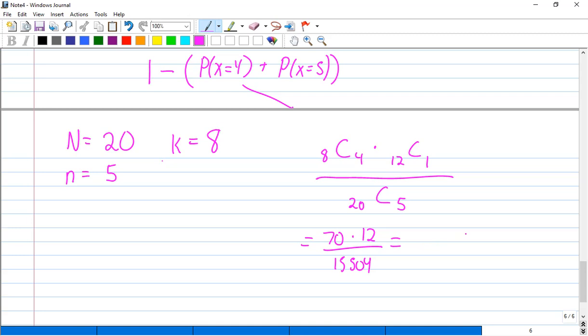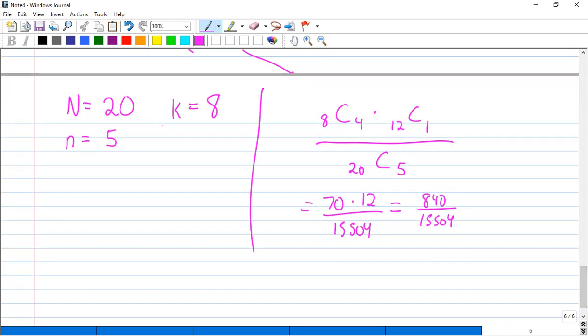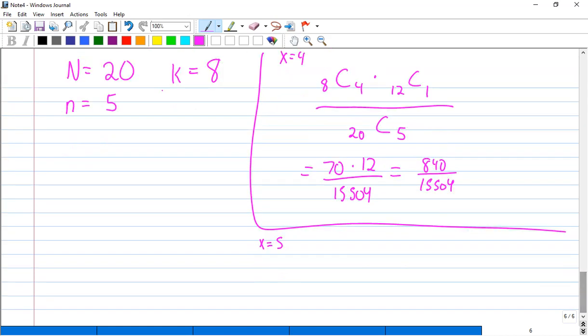So that is 840 over 15,504. That's for x equals 4. Now we're going to do x equals 5, and we'll add those two together and subtract from 1.